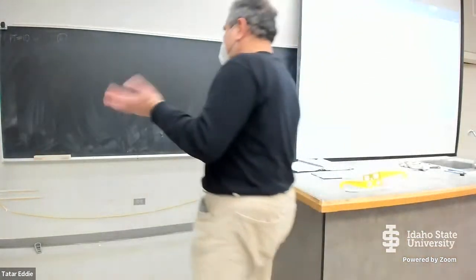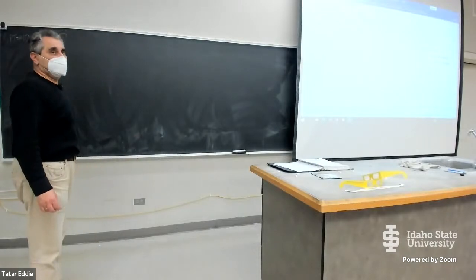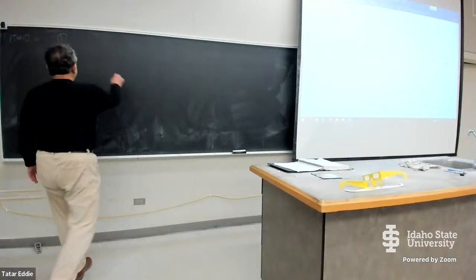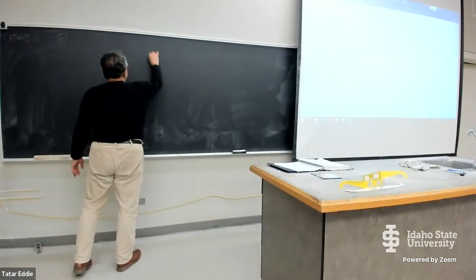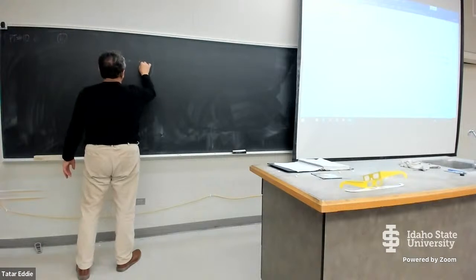So it looks like kind of a difficult problem, but in reality it is not. So always draw a diagram. Here's a diagram with a concave mirror. And here is the center of the mirror, and here is the focal point.